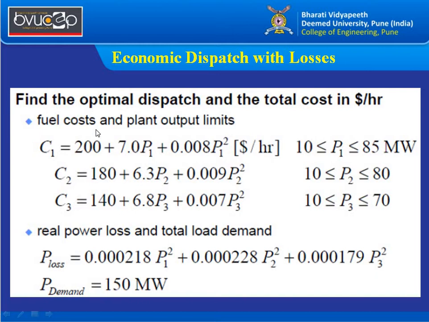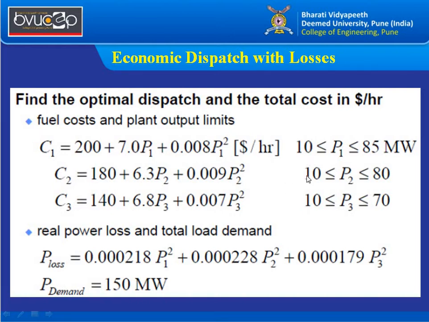Again we are taking three generator units: alpha 1 is 200, beta 1 is 7 and gamma 1 is 0.00n. Similarly alpha 2 is 180, beta 2 is 6.3, gamma 2 is 0.009. Then for the third, alpha 3 is 140, beta 3 is 6.8 and gamma 3 is 0.007.